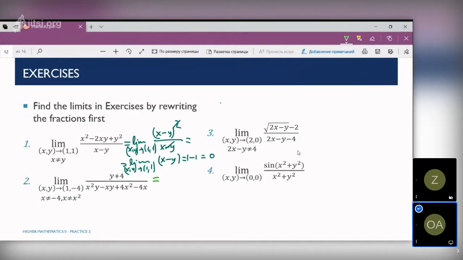That's correct. Okay. For the second one, x is not equal to -4, x is not equal to x squared.